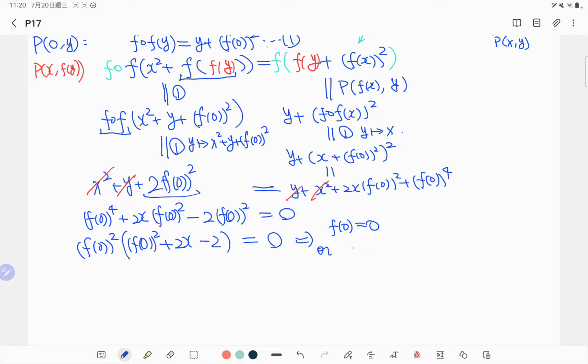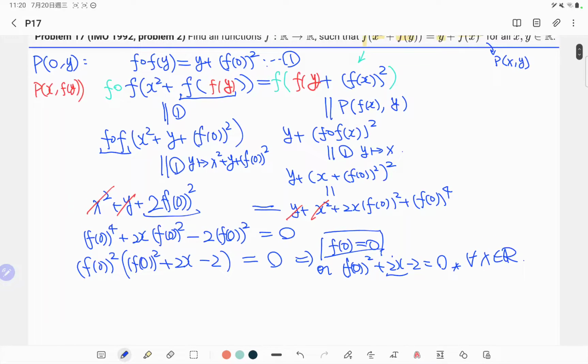or (f(0))² + 2x − 2 is 0 for all x real numbers. But this is not possible because x is an arbitrary value, so it can't always be 0. So we don't have a solution for this one, which means the only solution is f(0) = 0.